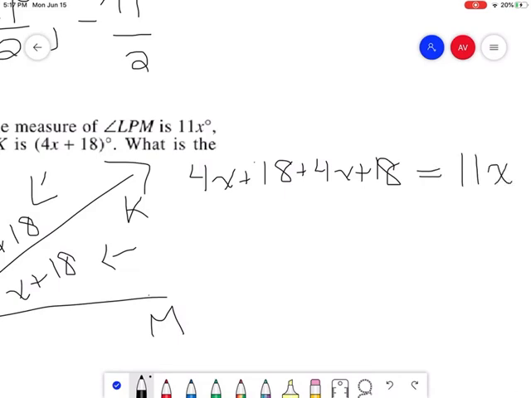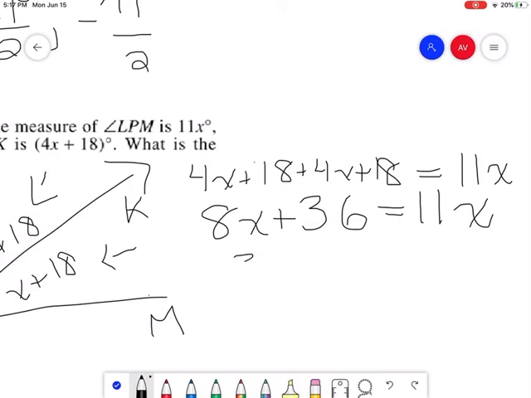And to simplify that a bit more, we're going to add some terms here, and we're going to get 8x plus 36 equals 11x. We're going to subtract 8x from both sides. This is basic algebra, so we're going to say 36 equals 3x. Divide by 3, and you're going to get x equals 12. Cool.